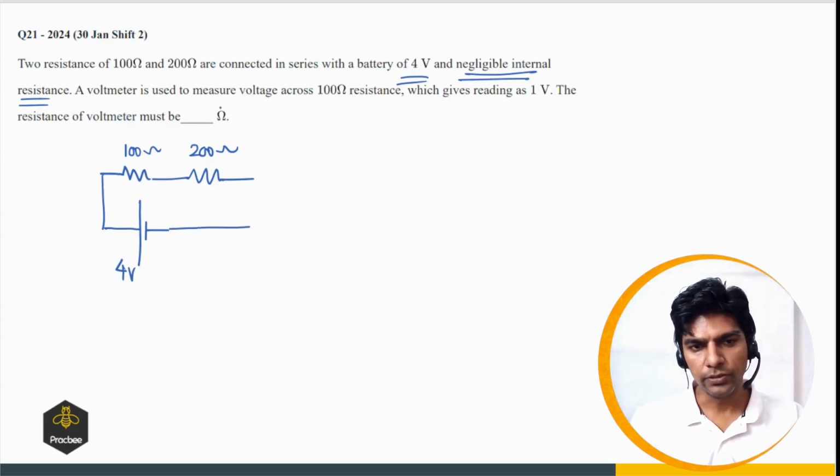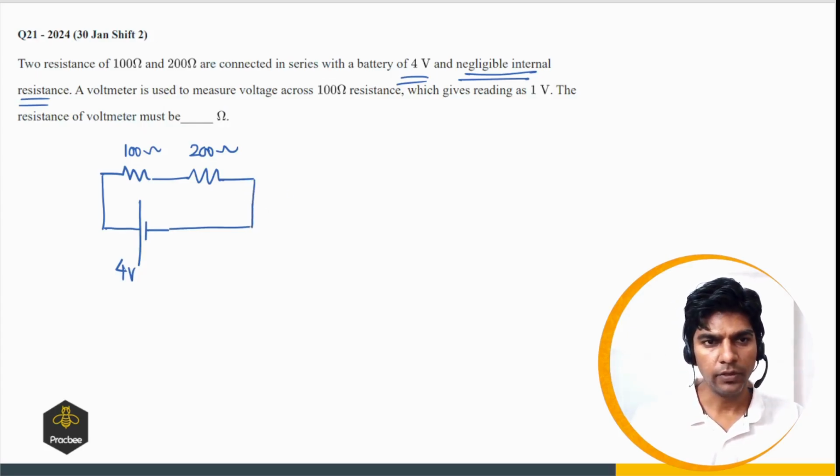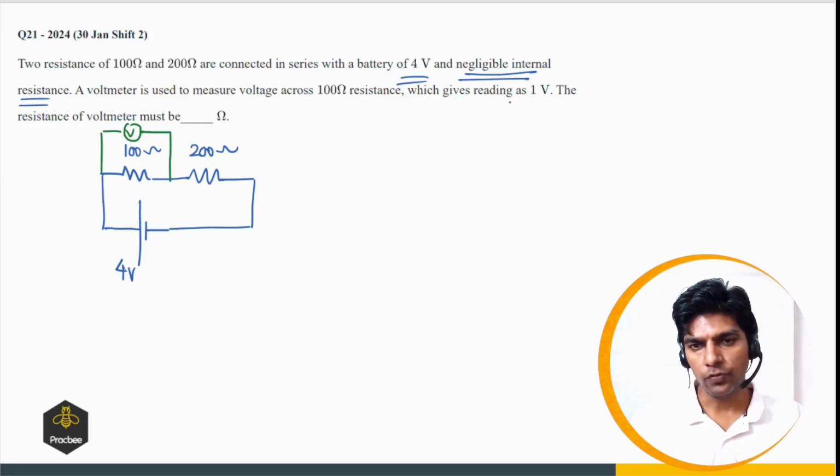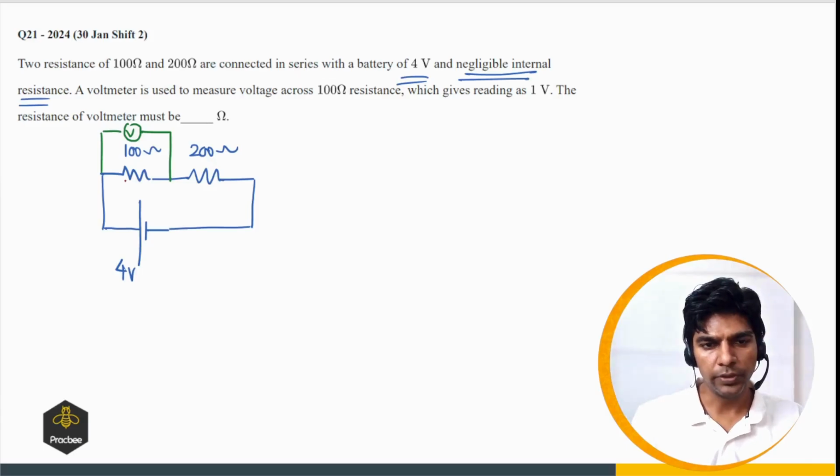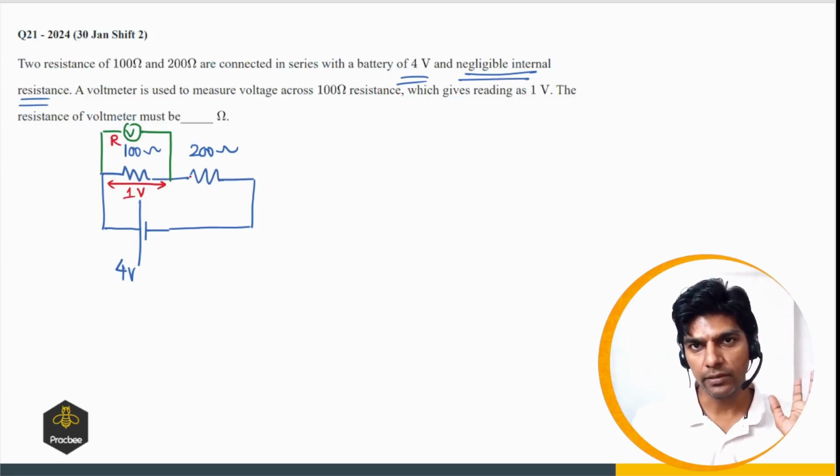A voltmeter is used to measure the voltage across the 100 ohms resistor, and we are using a voltmeter across 100 ohms, which gives a reading of 1 volt. So the reading of this voltmeter is 1 volt, so we can say across this 100 ohm the voltage drop will be 1 volt. The resistance of the voltmeter must be, so let us take the resistance of the voltmeter as R. So we can treat the voltmeter just like a resistor.